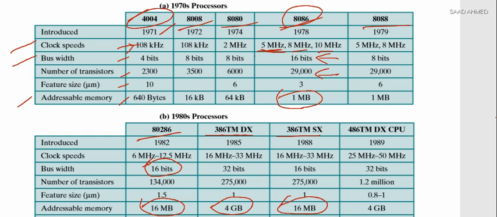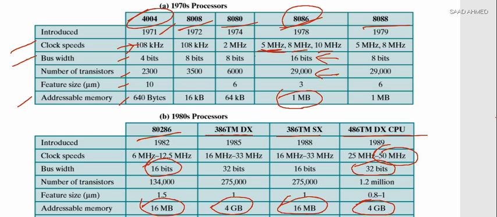And then the 486 system, which was again 32 bits, with 50 megahertz speeds. The speed is increasing, the size of the bus or the data size is increasing, and with that the addressable memory.